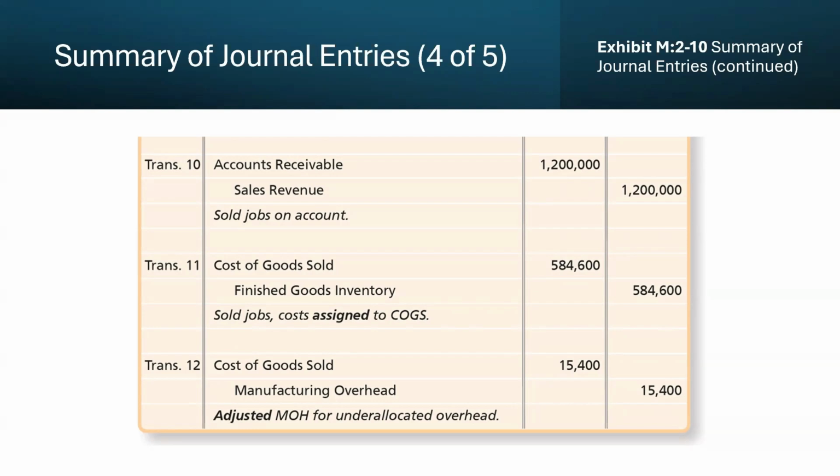Sold jobs, cost assigned to cost of goods sold. And then you have transaction number 12, cost of goods sold, $15,400 debited, and then manufacturing overhead is credited for $15,400. This is where we adjusted MOH for underallocated overhead.